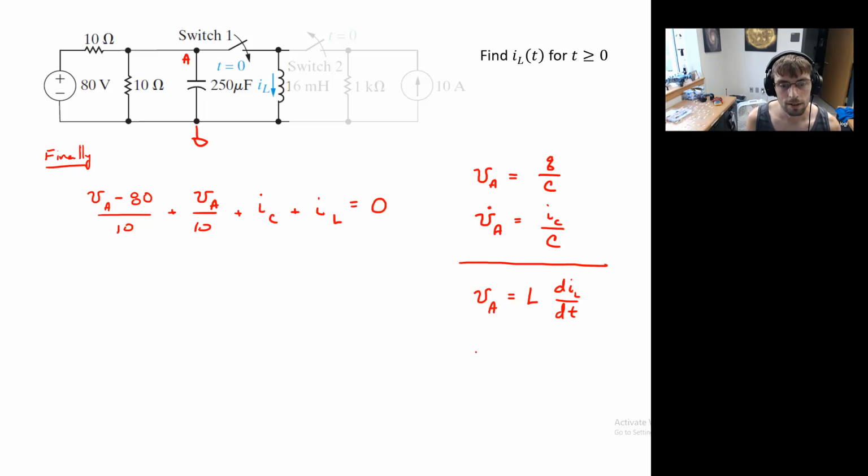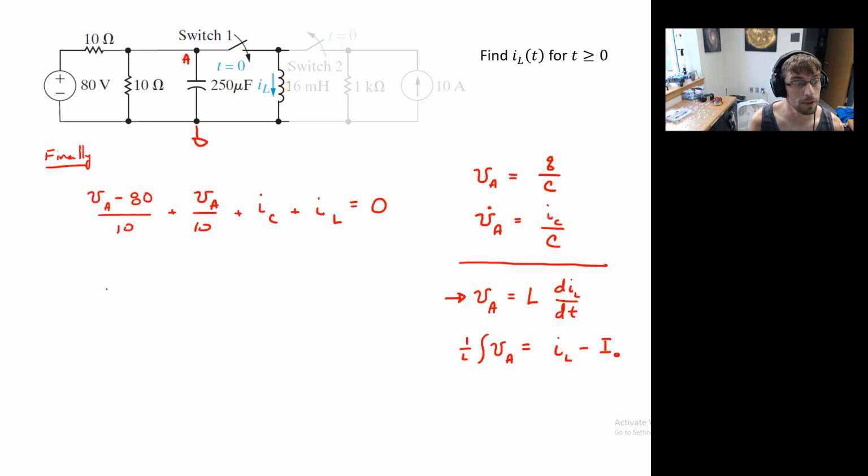And so again, here I am stuck with 1 over L integral of the node voltage equals, I'll put it as I L. I guess technically it should be I L minus I naught. Since I'm doing an integral, I'm going to do a derivative anyway to get rid of it, so that's fine. We're gonna end up using this top one. Okay. Yes, in fact, let's go ahead and do that.